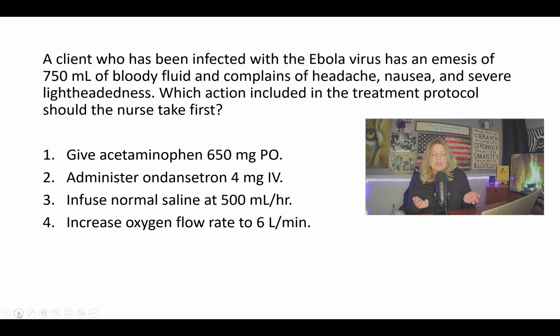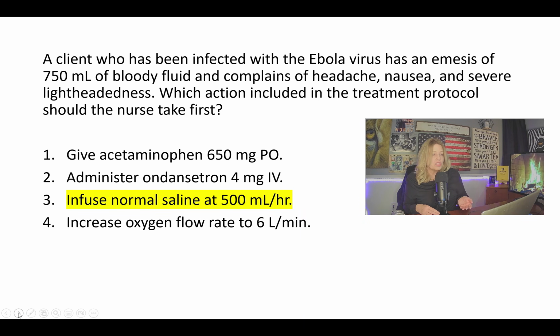So I don't want to get distracted by the oxygen because we always go, we got to do oxygen first. Well, not if there's no oxygenation issues. And you might say, well, there probably are oxygenation issues. Well, you're right, there probably are, but you can't use the word probably when you're testing, okay? You only go with what you know, not what is probably true. Okay, so the only thing that addresses the objective problem is the saline.